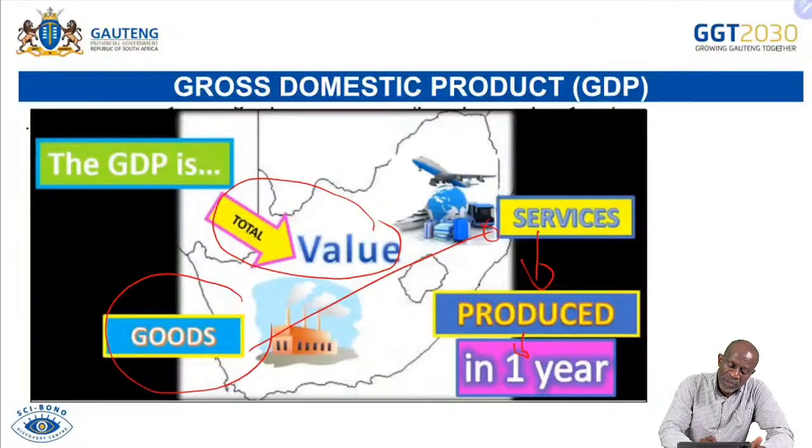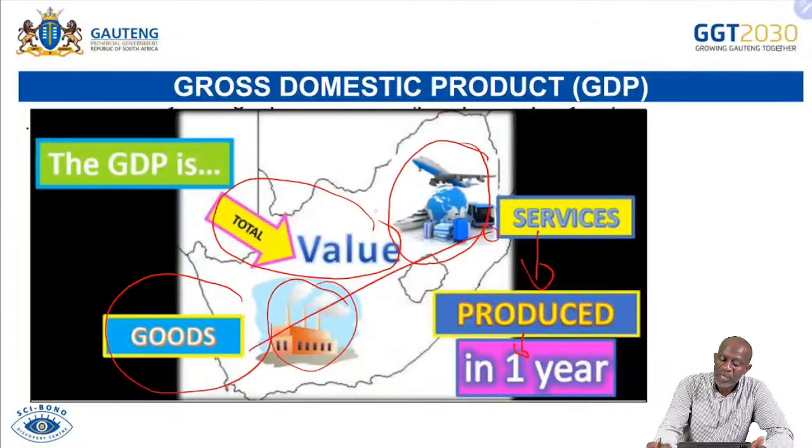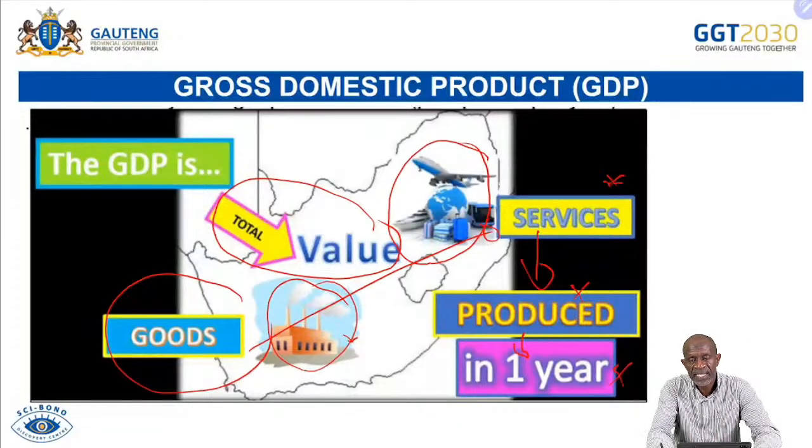Here is an industry producing goods and services. Here is a flight which offers some services to tourists. This is an example of a service, and goods are being produced here, production happened here, and services are rendered here, and all these are produced in one country in 1 year. So this is just a summary of gross domestic product.